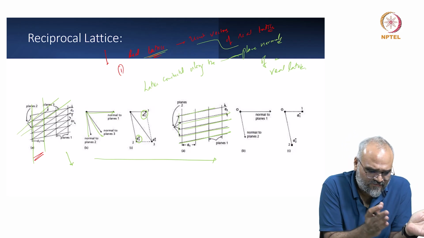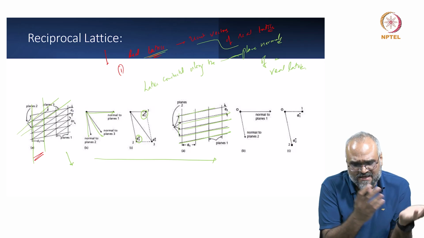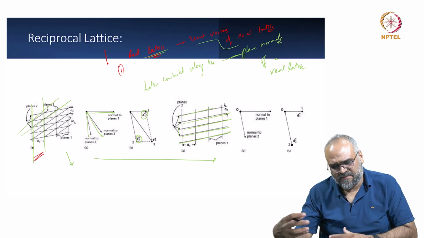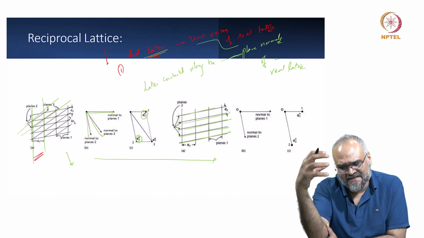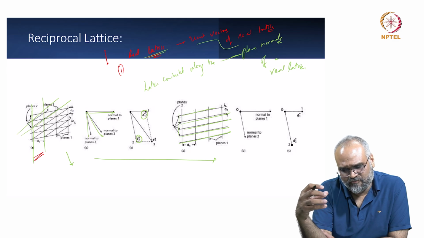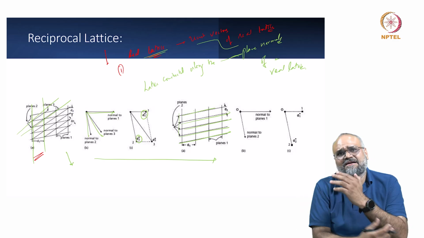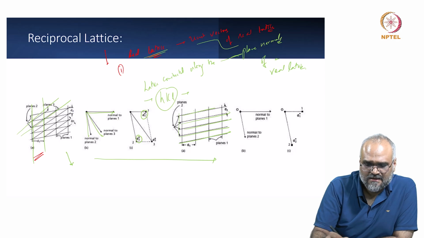For simplicity, we have now started looking at plane lattices and we are trying to build a concept of a reciprocal lattice as an imaginary lattice constructed along the plane normals. So, if I take a unit cell vector as HKL and let us say this corresponds to a family of planes HKL.